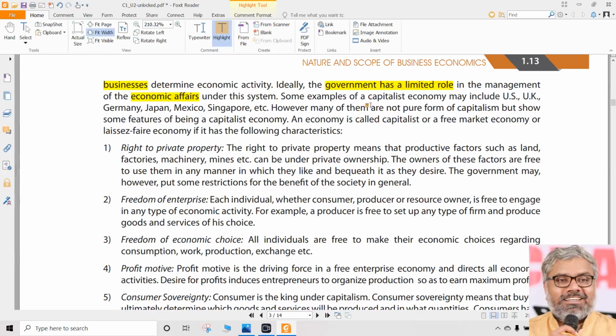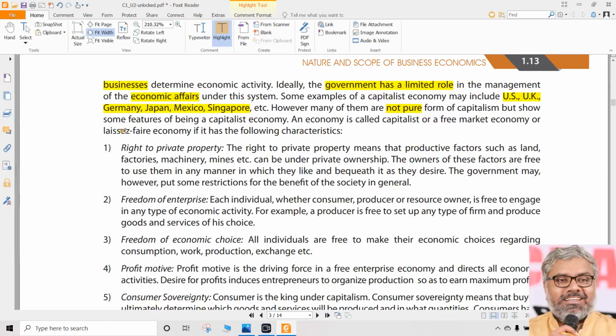Once again, no particular example can be taken where there is pure capitalism. Though we generally talk about countries like the US, UK, Germany, Japan, Singapore, etc. as capitalistic countries, there is no country that can be called a pure form of capitalism. That is not possible.